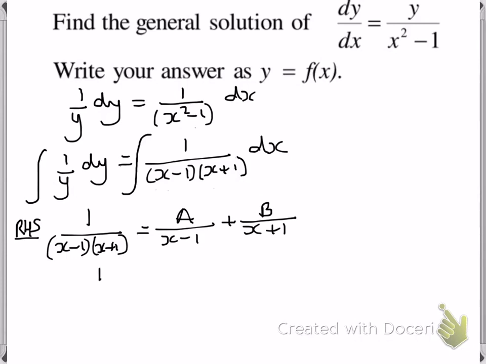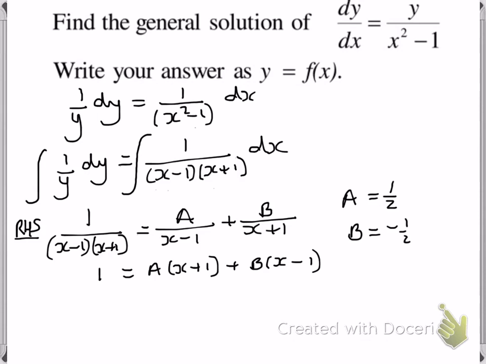Therefore, 1 is equal to a(x plus 1) plus b(x minus 1). And when I equate the coefficients, I get a equal to a half and b equal to minus a half.